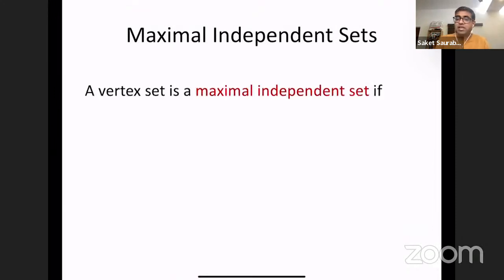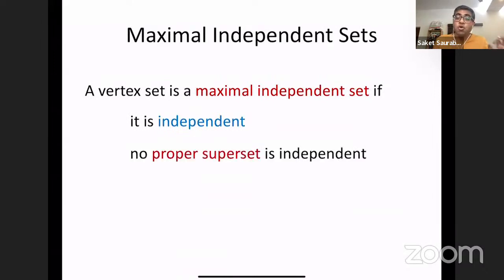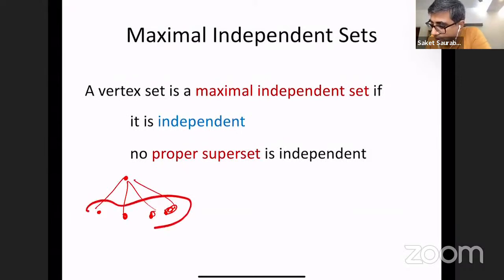What is the meaning of maximal independent set? A vertex set is a maximal independent set if A, it is independent, and B, no proper superset is independent. So you cannot find a set of vertices, for example, this. I'm going to call this a maximal independent set.